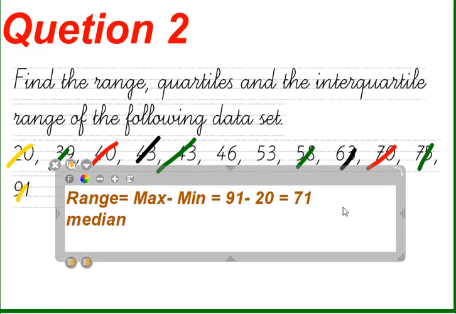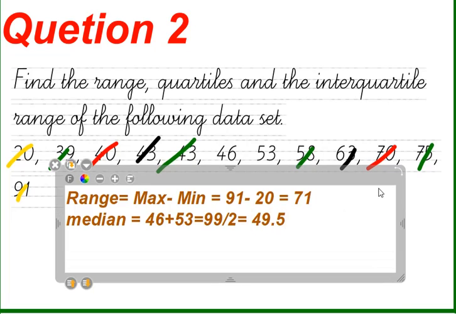We add the two, 46 plus 53, which is 99. All of that divided by 2, and we get that our answer is 49.5, and that's our Q2.